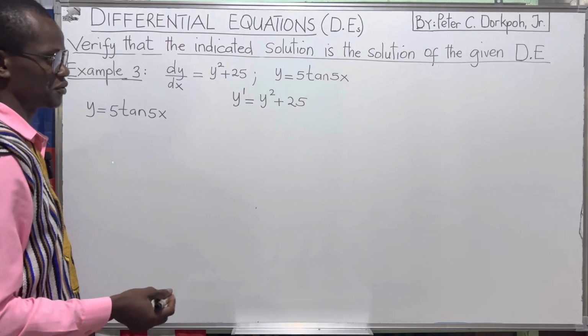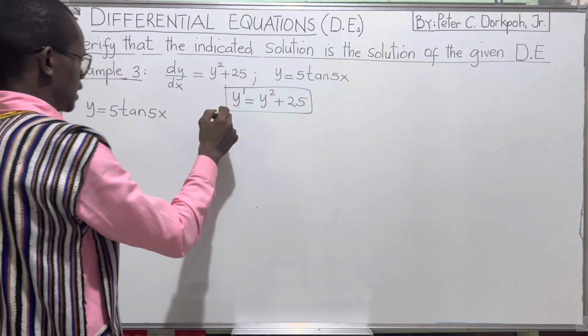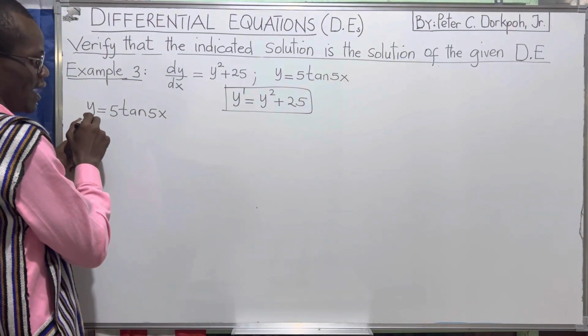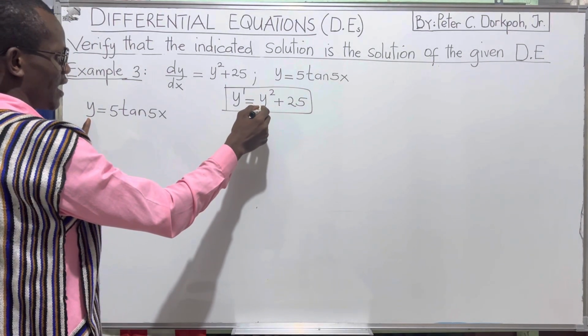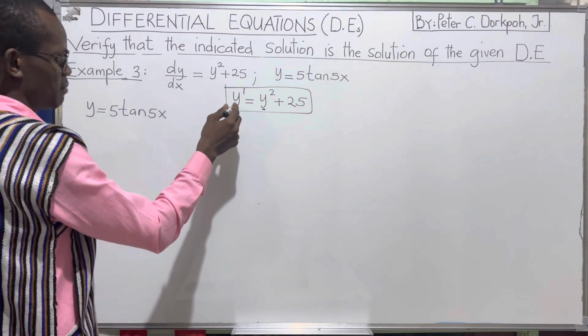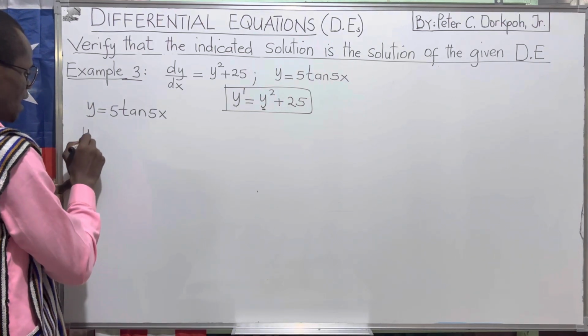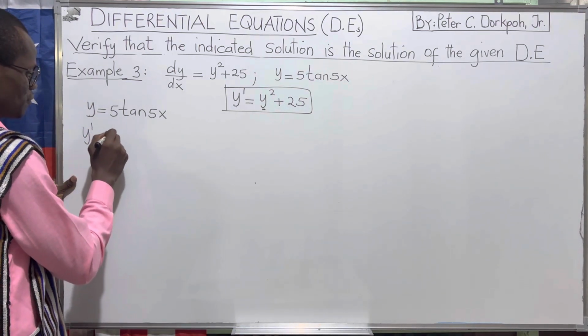That's another notation for it. I already have y. So anywhere I see y, I'm going to replace it with 5 tangent of 5x. So I need my y prime. So I differentiate this function.